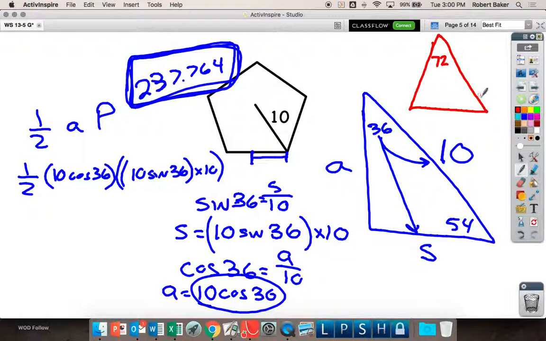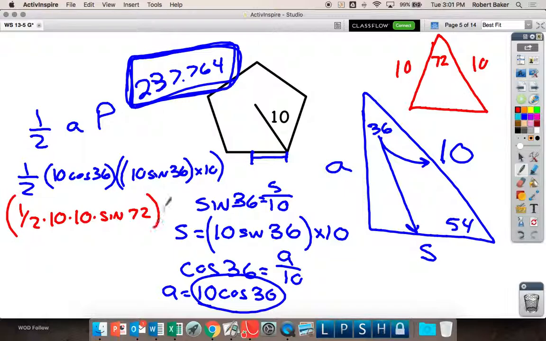How long is this radius? Can you use the gift that I just gave you to calculate the area of that pentagon? 1/2 times 10 times 10 times the sine of 72. How many of those triangles are in that pentagon? 5.